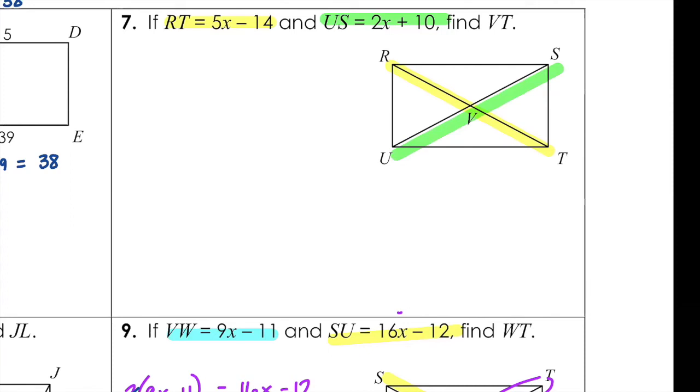Well, it's a rectangle, so what do we know about the diagonals in a rectangle? They're congruent. And if they're congruent, that means we can set them equal to each other. So we subtract 2x from both sides.